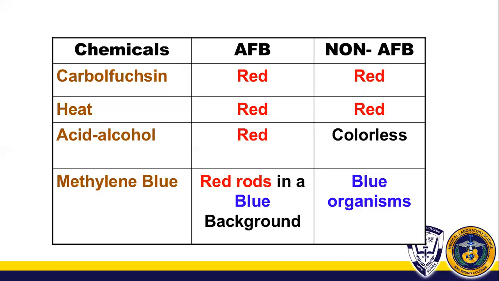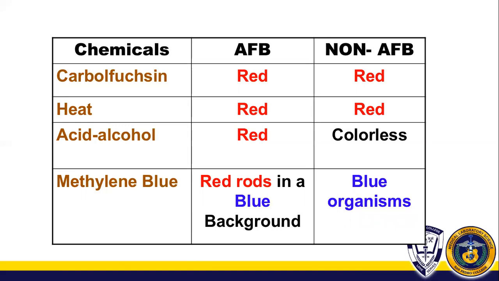In the first exposure, both acid-fast bacilli and non-acid-fast bacilli are stained red, taking up the color of carbolfuchsin. Now, since the cell walls of these organisms are rigid and waxy, it's quite difficult for the carbolfuchsin to penetrate.